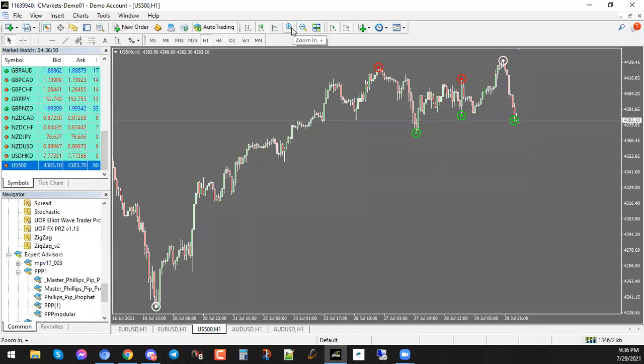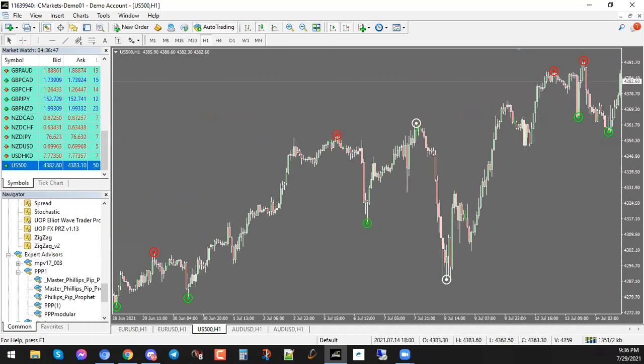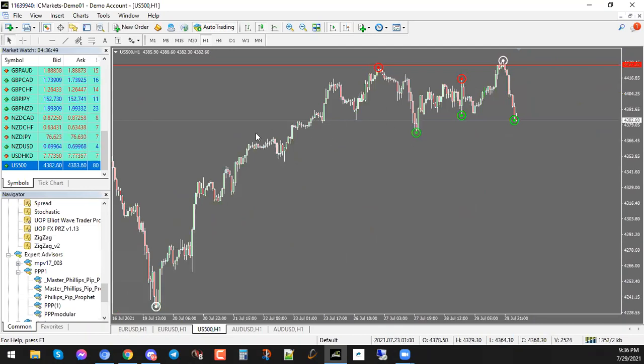Now, since I like trading on the 1 hour time frame, what I'll be doing is putting in my potential resistance, and I'm going to be checking to see if this level will hold. And I believe this level will hold because it may very well be an all-time high, right?